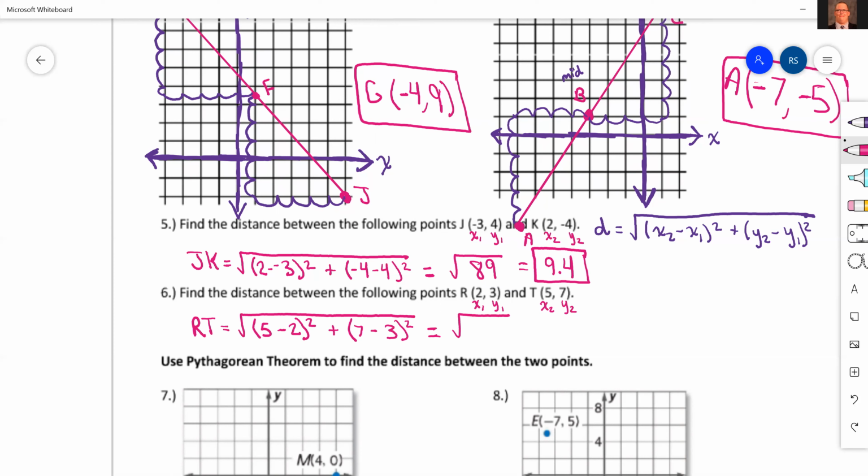If you do just what's under the square root, what would you get? You should get 25. And this time it's a nice number. The square root of 25 is just 5.